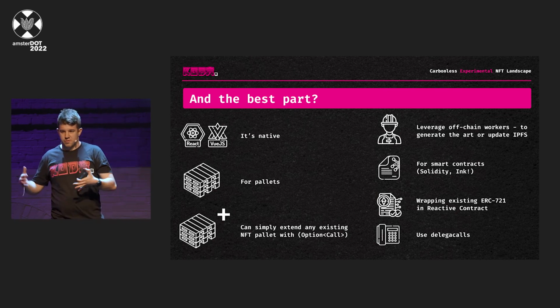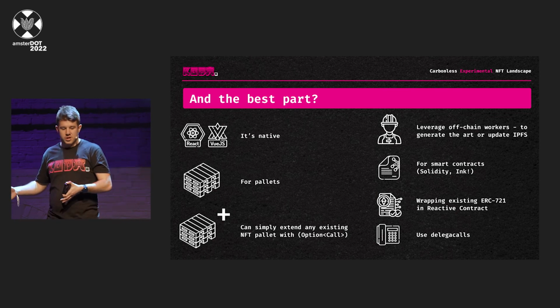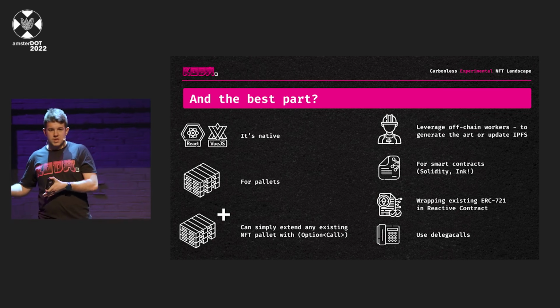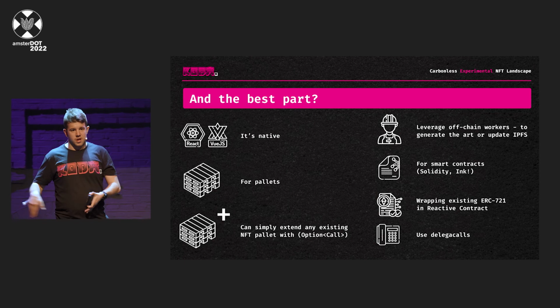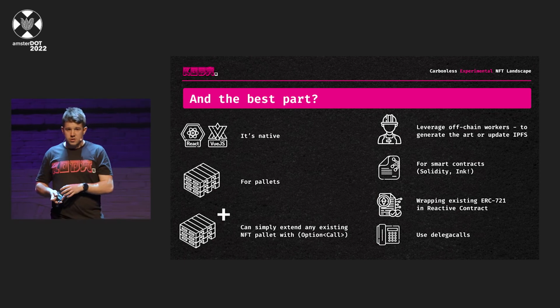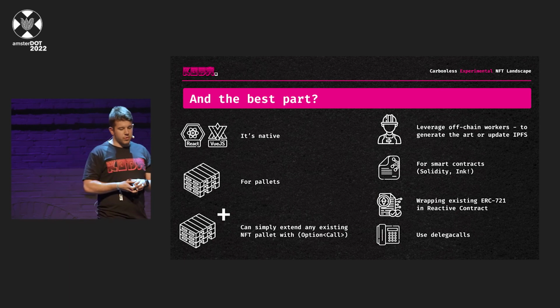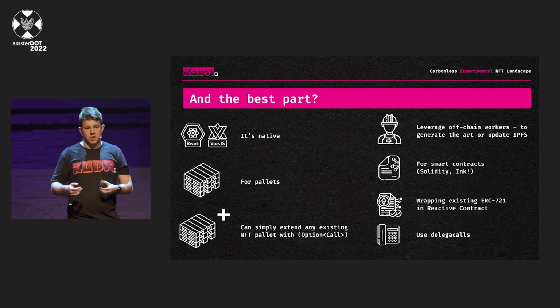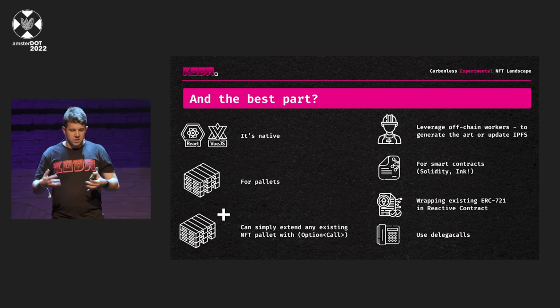So, for example, if you have car sharing and your car crashes, you can use an off-chain worker to update the metadata on the IPFS that the car crashed. And for the smart contract, we can simply wrap the existing ERC721 into the reactive contract, and using delegate calls, we can make it work smoothly.